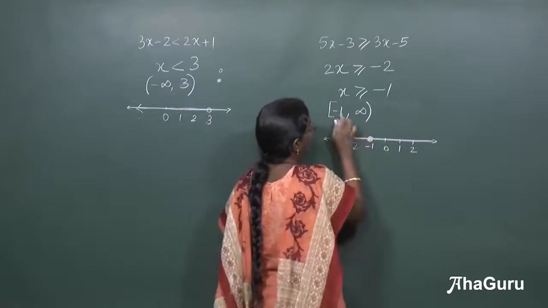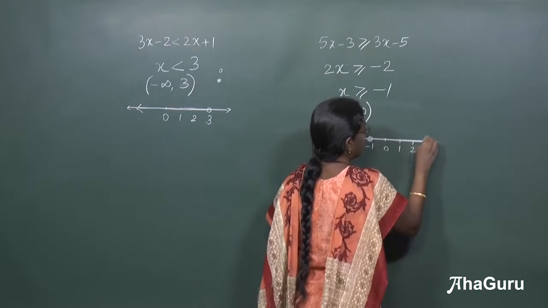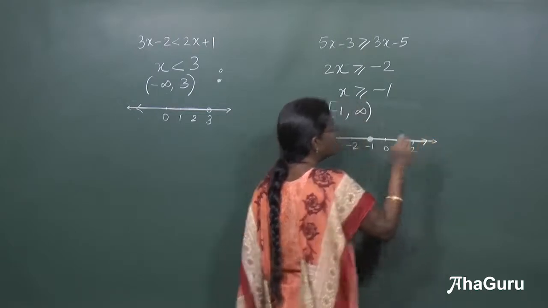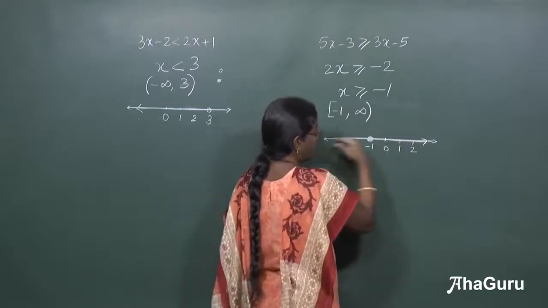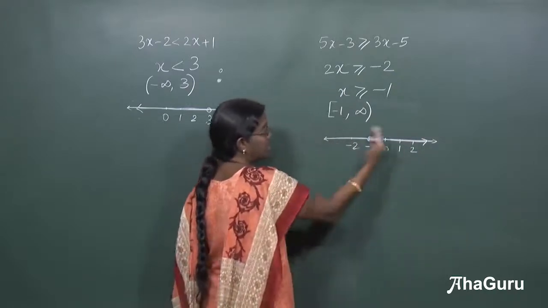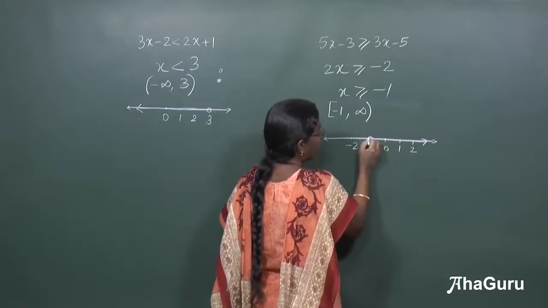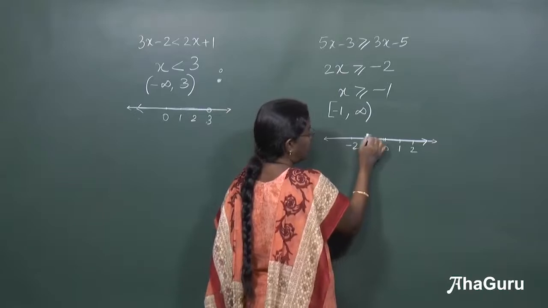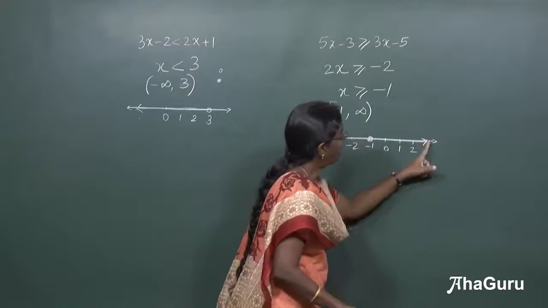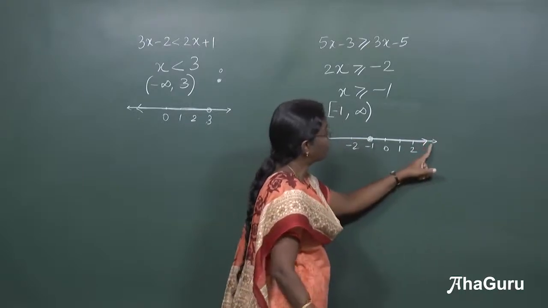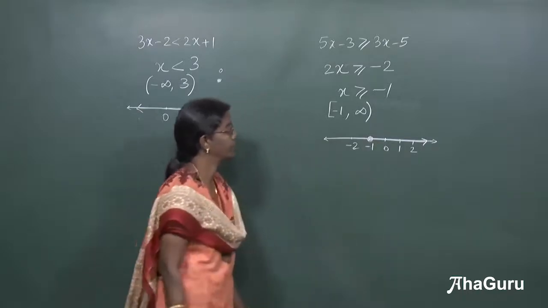Now, all values to the right of minus 1 will be the solution. Just do it with a different colored pen. Initially, the line you can draw with a pencil, and this you can do with a blue pen. Every real value to the right of minus 1, inclusive of minus 1, will be the solution.